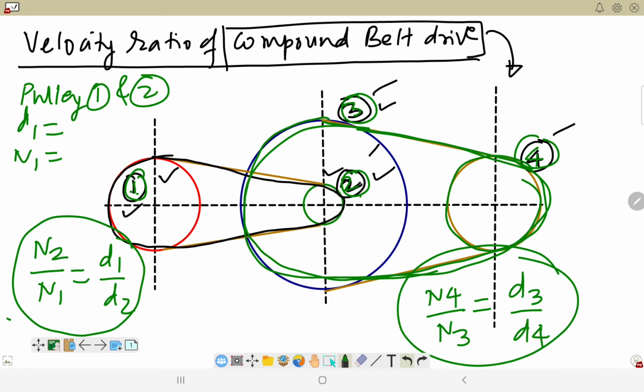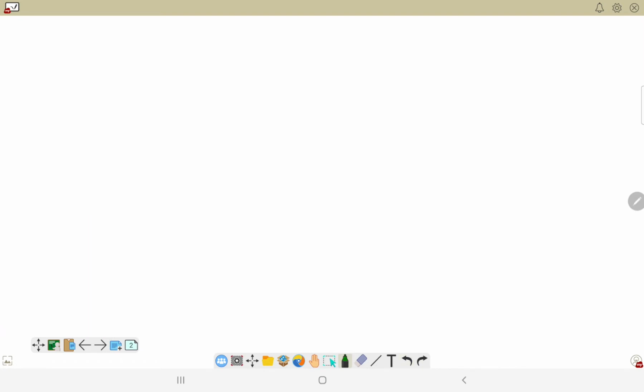First, N2 upon N1 is equal to D1 upon D2, the velocity ratio between pulleys 1 and 2, while N4 upon N3 is equal to D3 upon D4 is the velocity ratio between pulleys 3 and 4. After that we can calculate the velocity ratio of this compound belt drive.